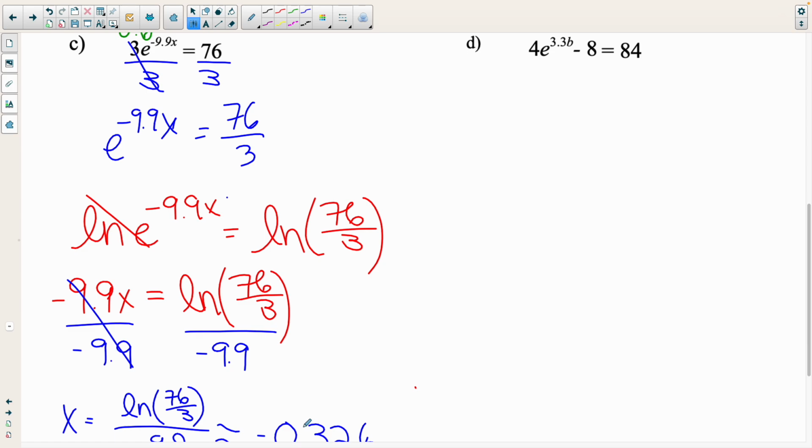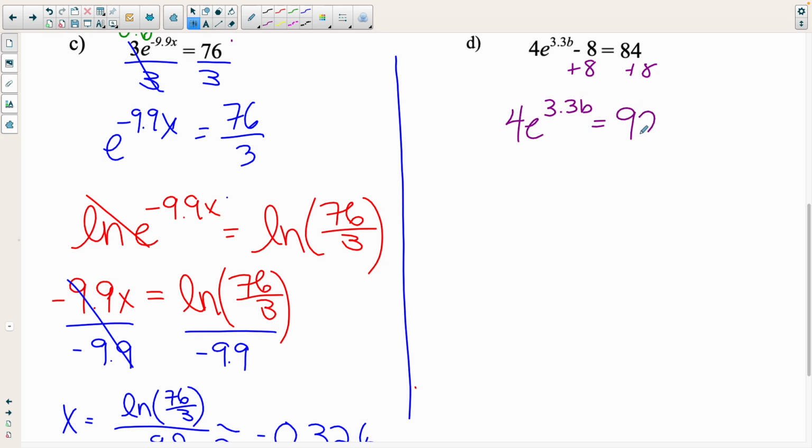So you want to add that 8 out before you divide. Does go in evenly, so we can make that a nice clean 23.